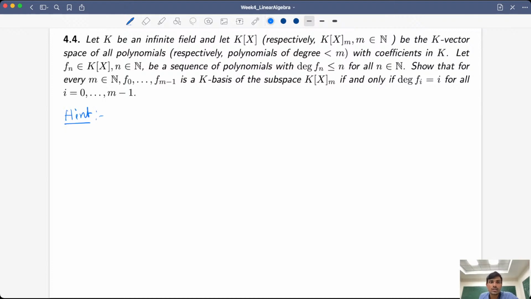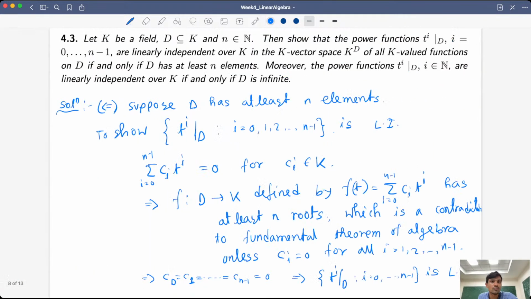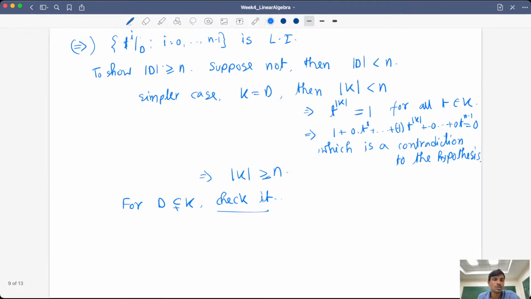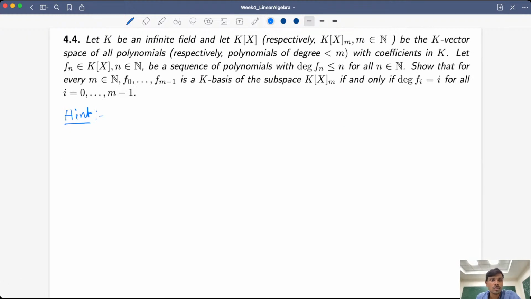what you need to show is that if you have an infinite field, so in the assignment problem this infinite field is missing, but it is required because of this thing you will use. If you have the ring k[x] which consists of all the polynomials over the field k, and k[x]_m is the vector space of the polynomials of degree less than m.